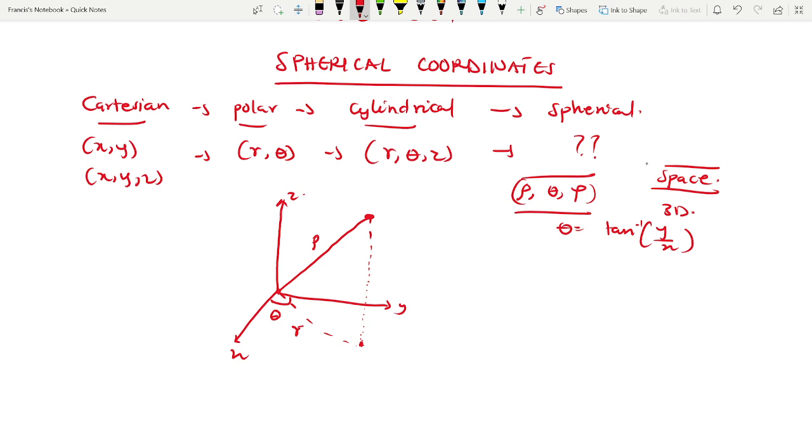Okay. Now, what is rho? Rho is the absolute magnitude. Okay, and you realize that this point in space will have an angle to the z-axis, and that angle we will name phi.